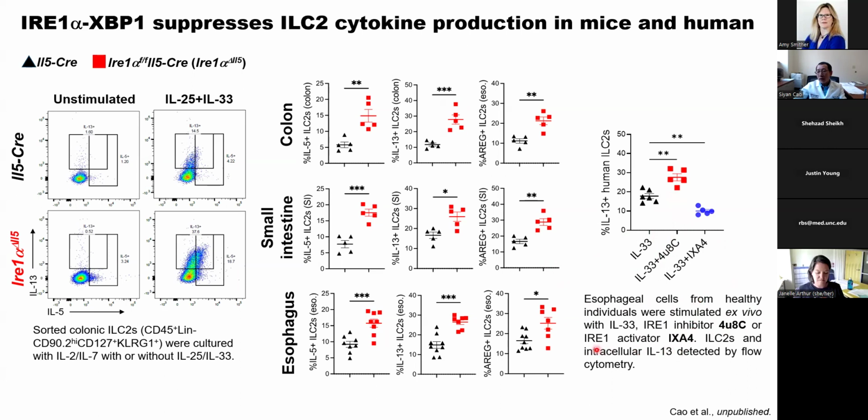In contrast, the IRE1 activator IXA4 suppressed the expression of IL-13 in human ILC2s. This data indicates that the IRE1-XBP1 pathway is a negative regulator of cytokine production in both human and mouse ILC2s.